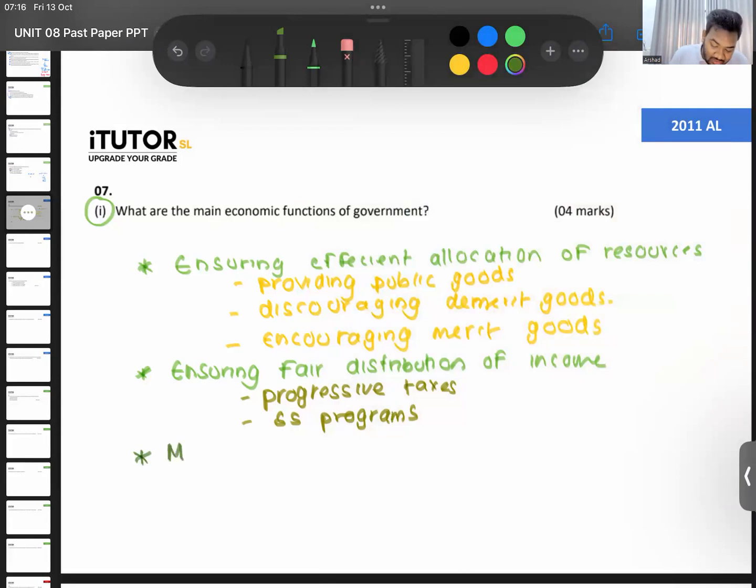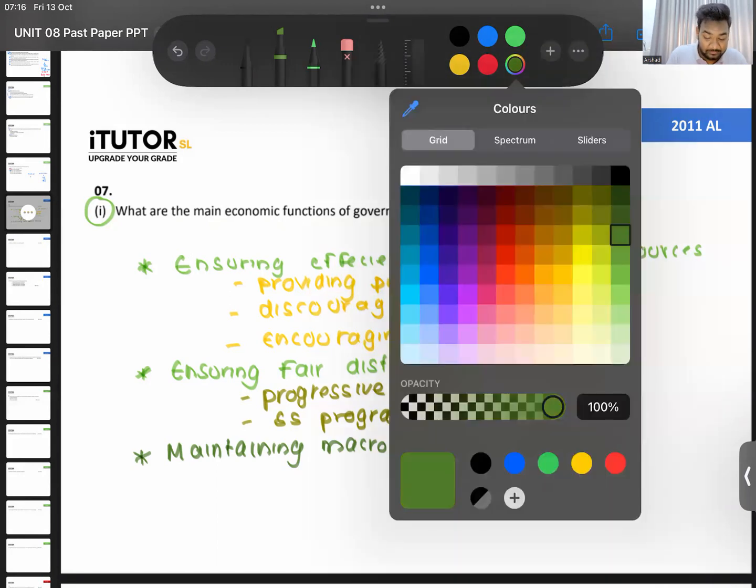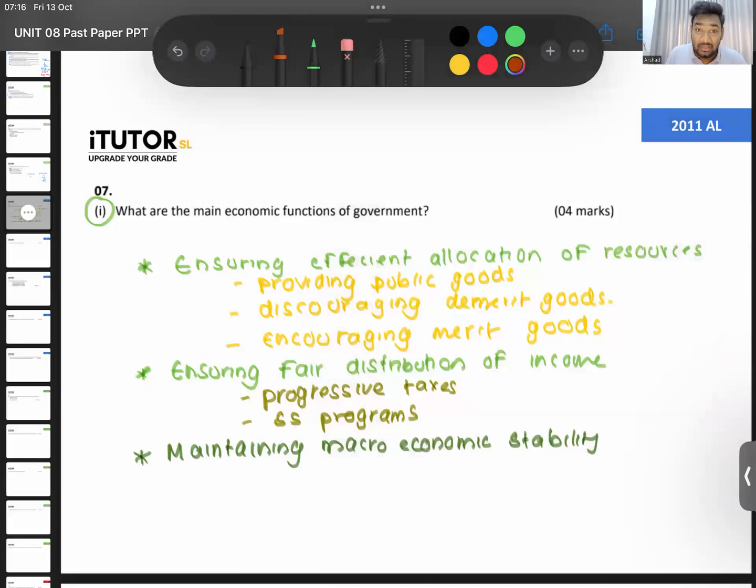Maintaining macroeconomic stability. Or you can say ensuring macroeconomic stability. To maintain macroeconomic stability, what does the government do, guys? What do they mainly do? Remember, they use their policies, no?